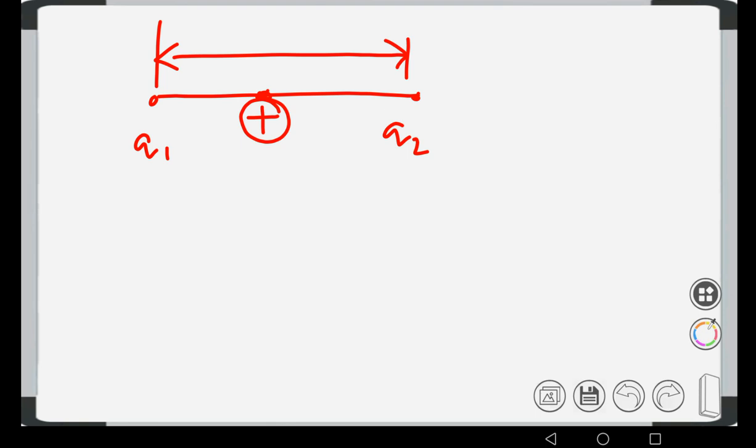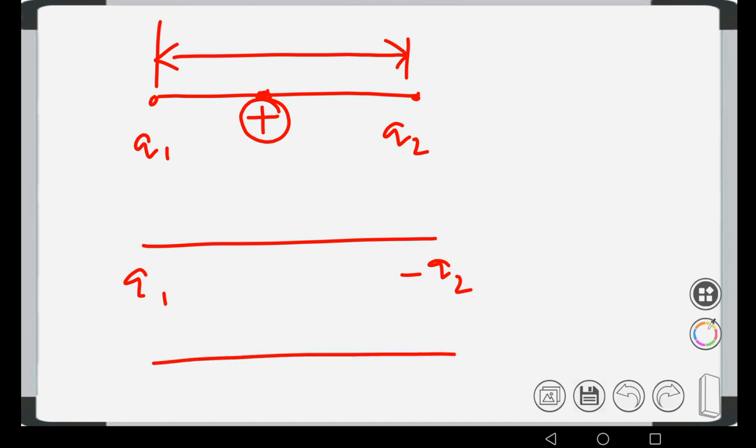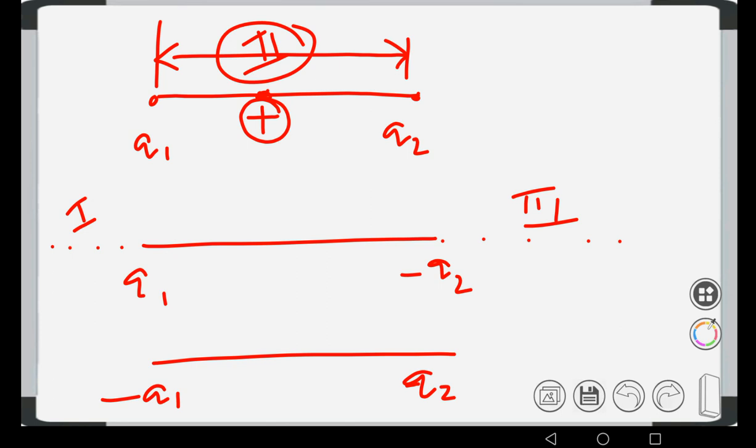Similarly, if we have Q1 and minus Q2, or maybe minus Q1 and plus Q2, in such cases we will always get the equilibrium point in region 1 or region 3. Here we were getting the equilibrium point in region 2, but if the charges are opposite in nature, then we will get the equilibrium point in region 1 or region 3.